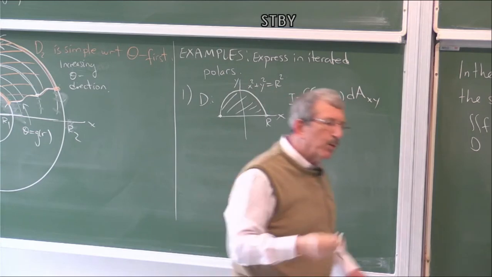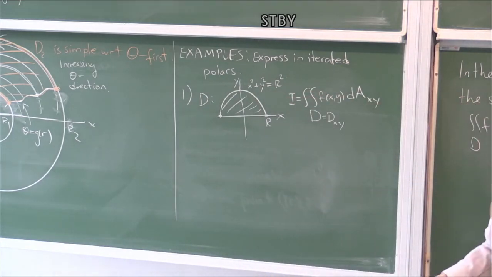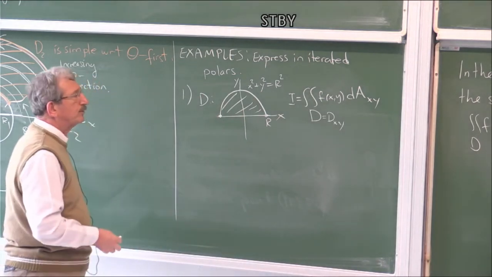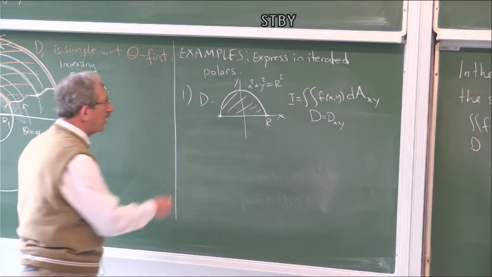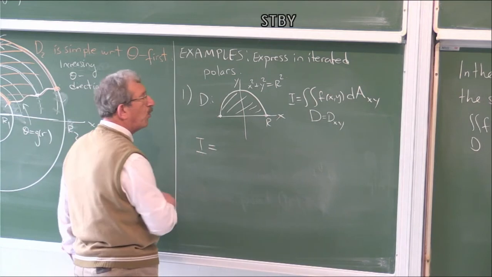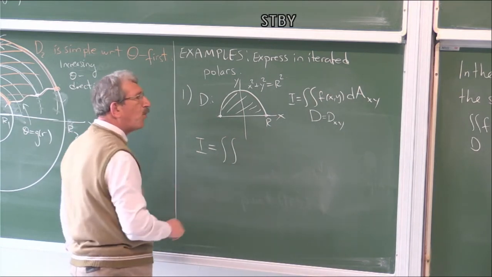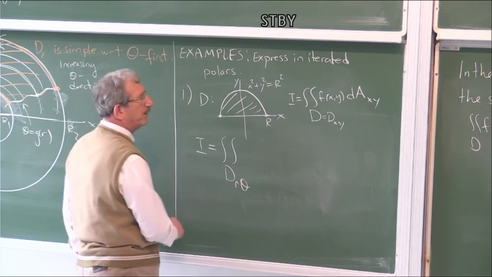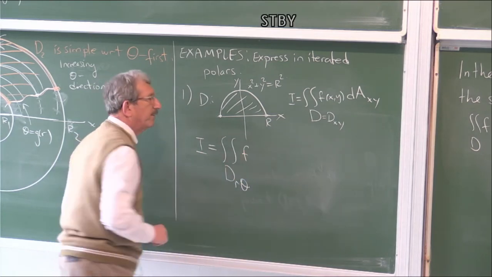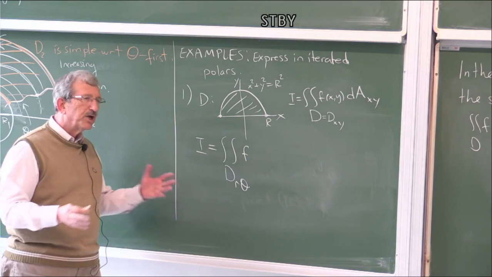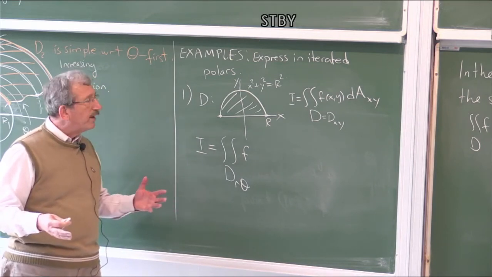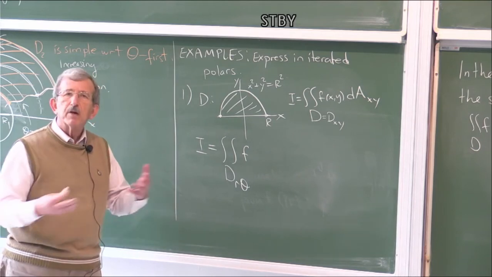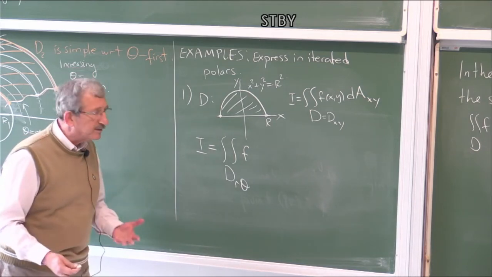Okay. Now we want to show this in polars, in iterated polars. Well, that means, of course, that we change I into polars first. In polars, that is dr d theta, remember, f. Now we are making a change of variable. So there will be no x's or y's left. Everything must be in terms of r's and thetas.